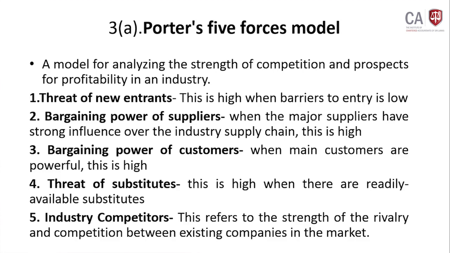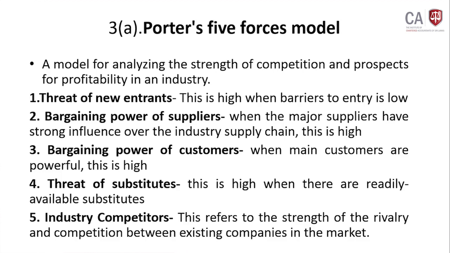If you look at the threat of new entrants, this is high when barriers to entry are low. It depends on the availability of the barriers. Then the second variable, bargaining power of suppliers: when the major suppliers have strong influence over the industry supply chain, this is high. For example, if there are only a few suppliers in the industry, then the suppliers' bargaining power is high.